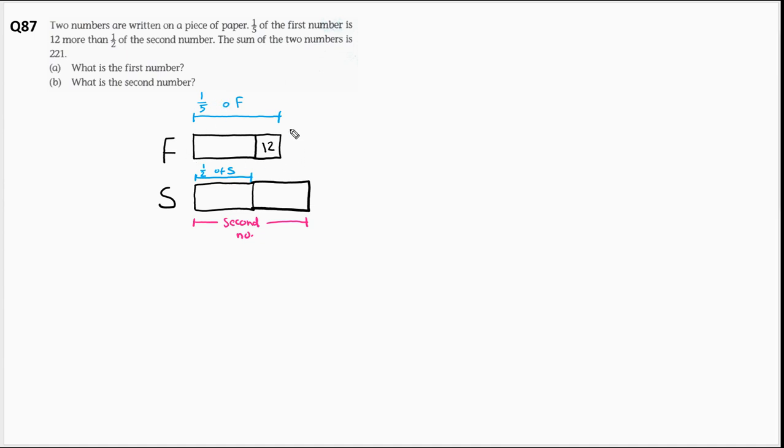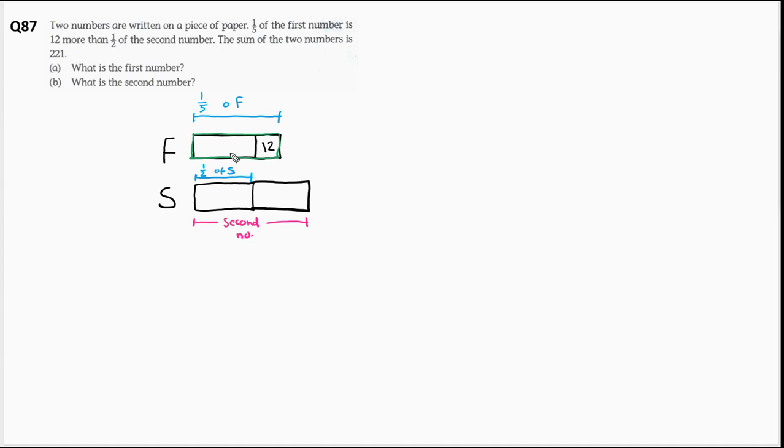Let's go back to the first number then. Let's use another color just to emphasize. This is the 1/5 of the first number, and it's been split into two, one of which is an equal part to these, and then this little section of 12.